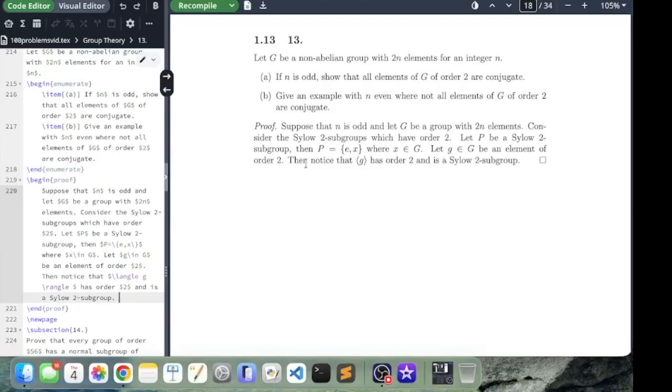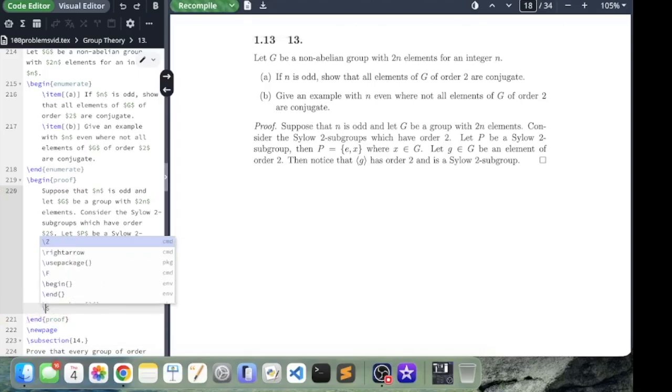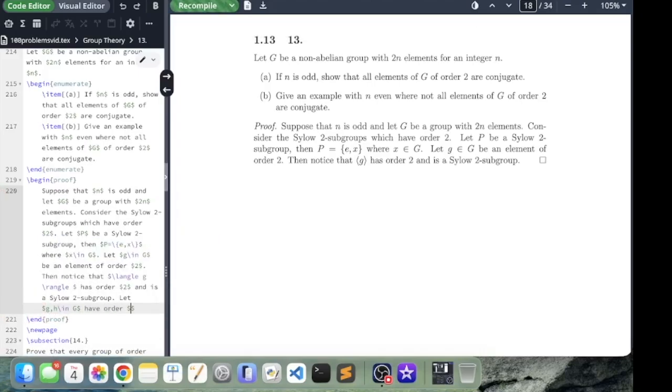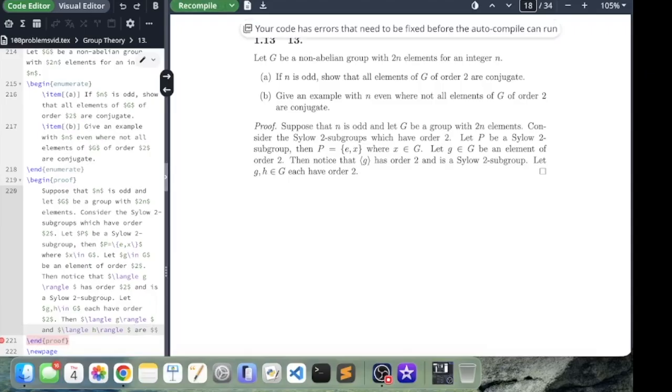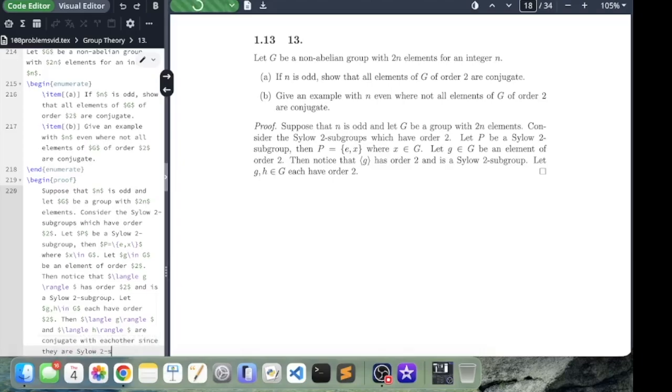So let g and h in G each have order 2. Then the cyclic subgroup generated by g and the cyclic subgroup generated by h are conjugate with each other since they are Sylow 2 subgroups.